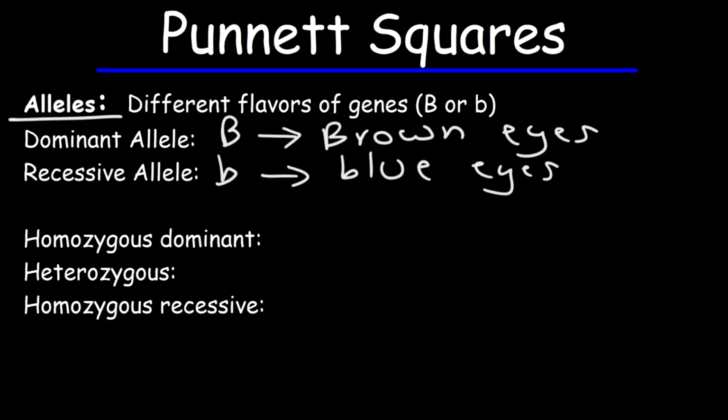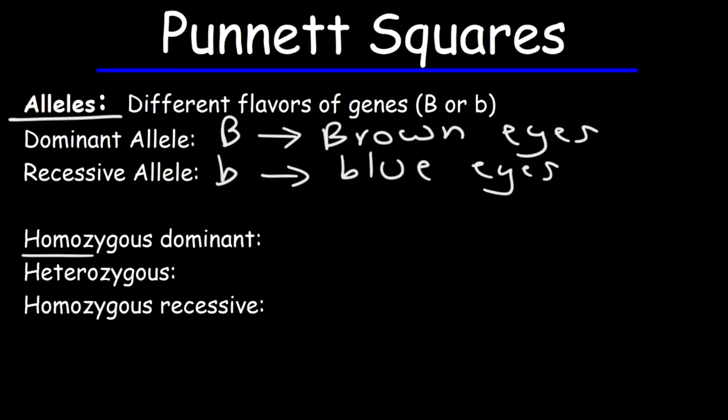Now, the traits can vary. It could be eye color, it could be hair, it could be if you're tall or short. It can vary. Now, you need to be familiar with these terms as well. The first one, homozygous dominant. So, what does that mean? Well, think of the word homo. Homo means the same.